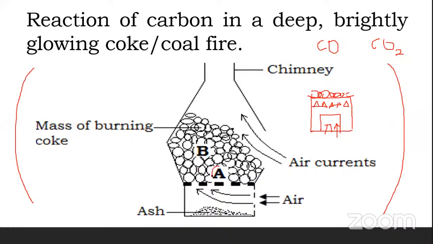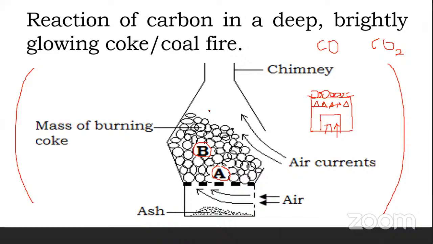So we have part A, where there is serious burning because of that oxygen. Then we have part B, where there is incomplete burning. We also have on top where there is too much burning also. All of these are because of the presence of oxygen. When we have too much oxygen, then we shall have complete burning. When it is less, then we shall have incomplete burning.